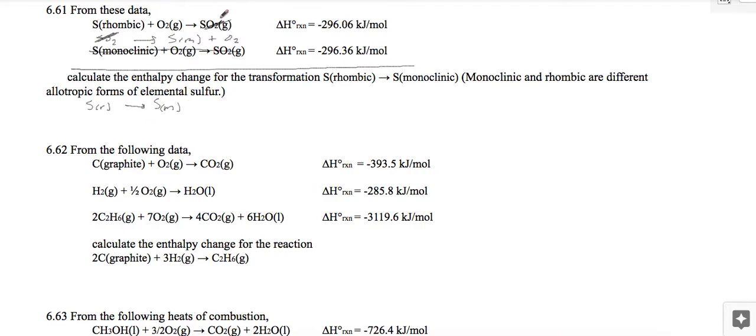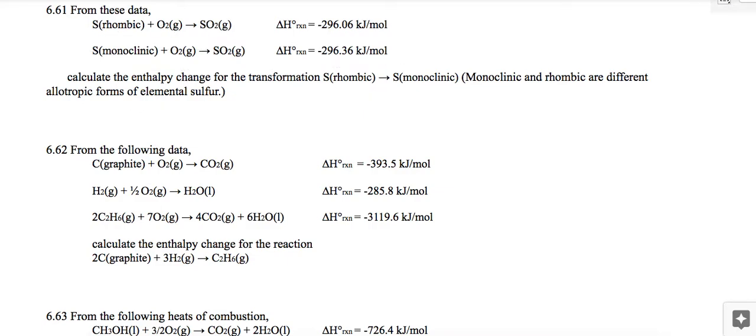Adding these together, the sulfur dioxide cancels, the oxygen cancels, and we're left with the rhombic and the monoclinic. The key part here is that when we do things to the reactions, we also have to do things to the enthalpies. If I flip this, I have to flip this. We end up with positive 296. So the overall answer here is going to be 0.030 kilojoules per mole.